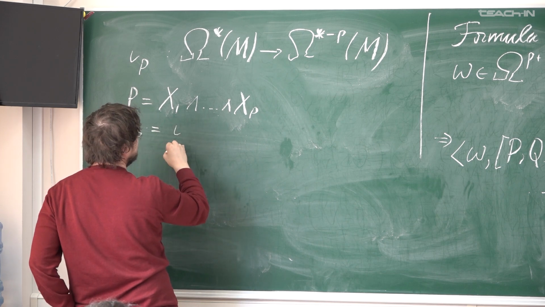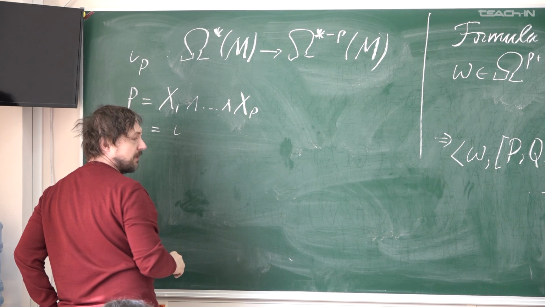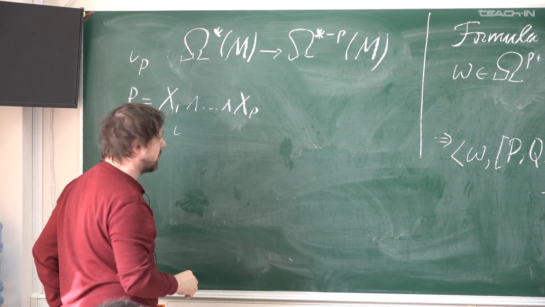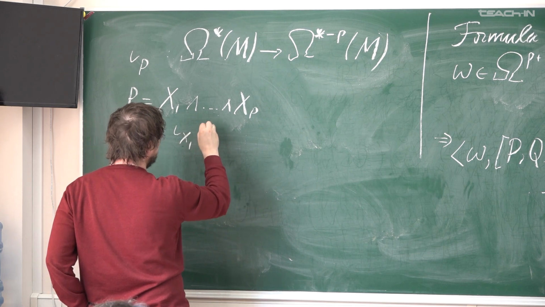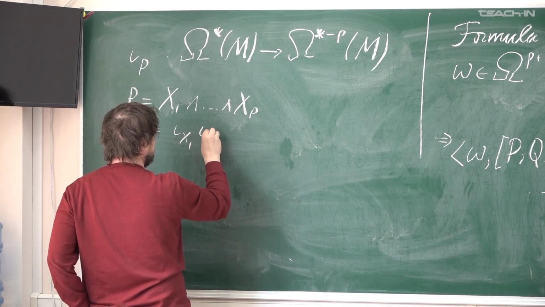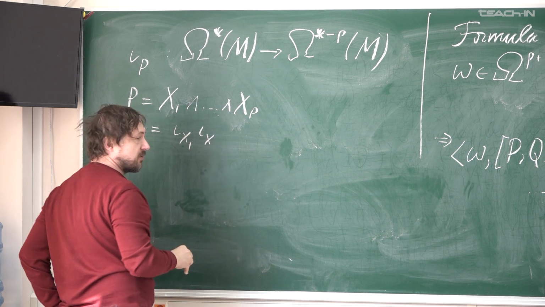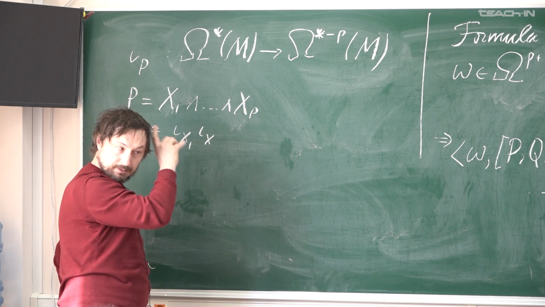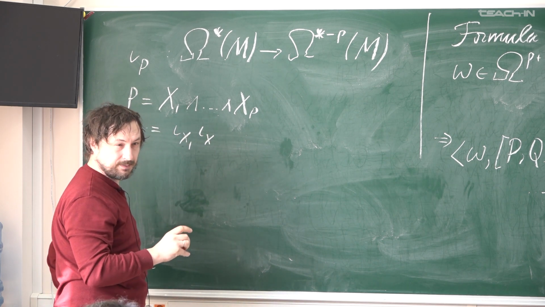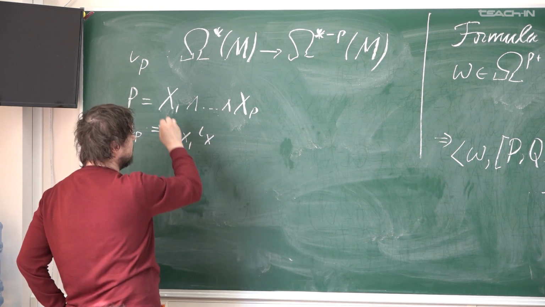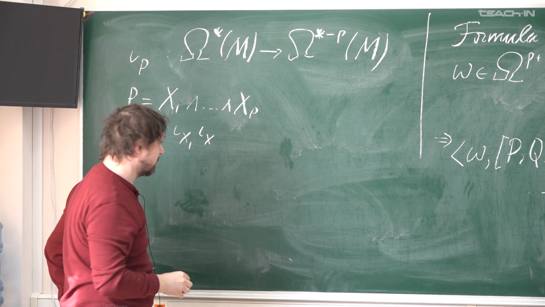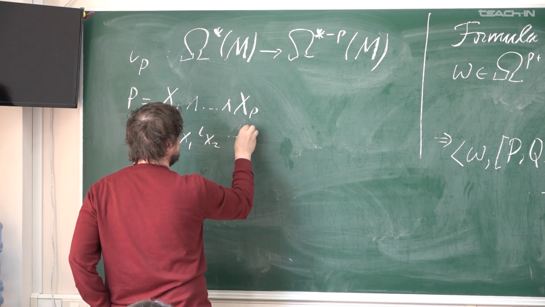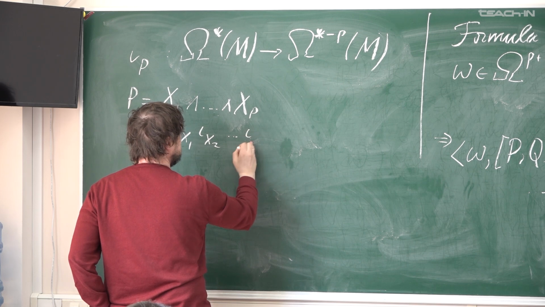Only the sign should be taken care of, but I think if I just write it from left to right in this way, then it will be okay. Because contractions with respect to vector fields anti-commute, just like the factors in the wedge product of vector fields.